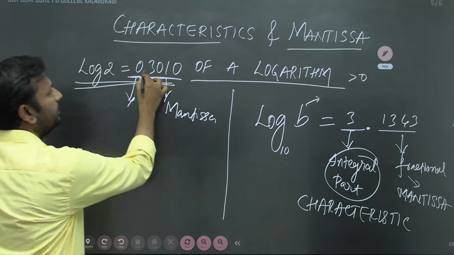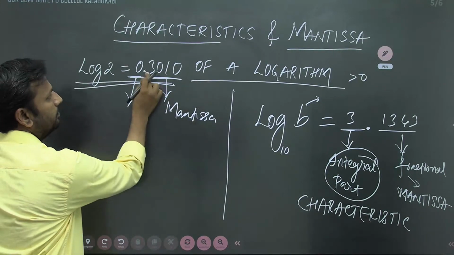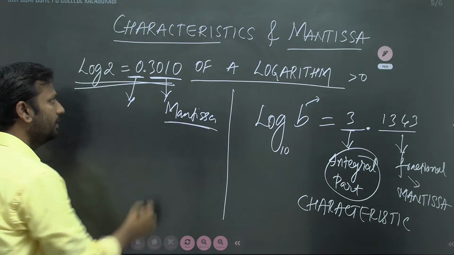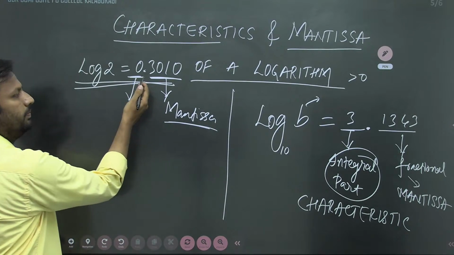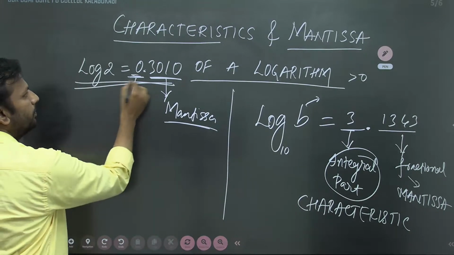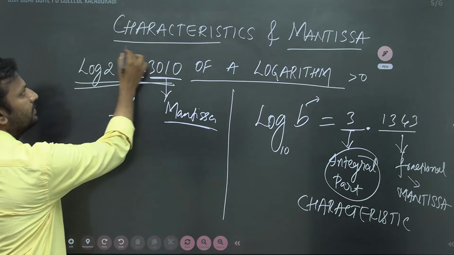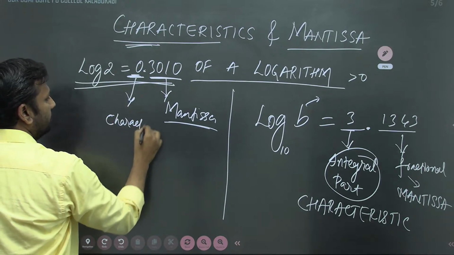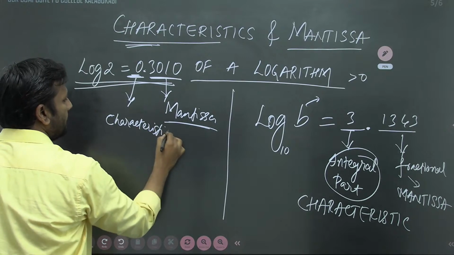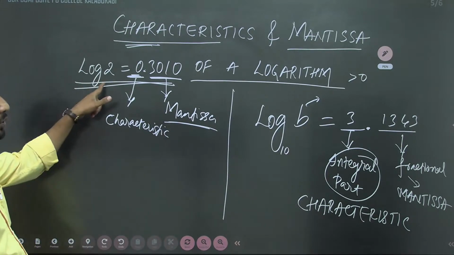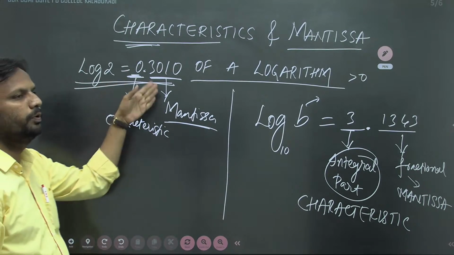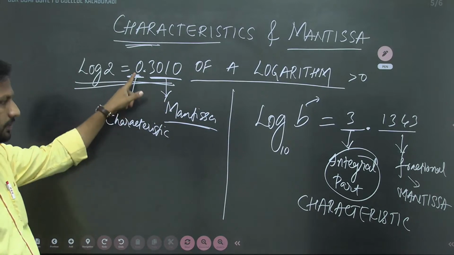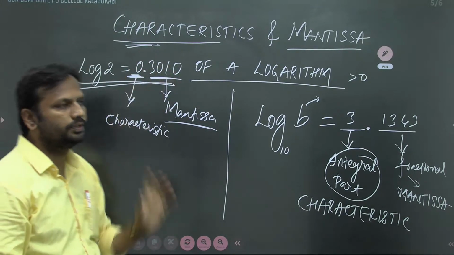The numbers after the decimal point are known as the Mantissa part, and the number before the decimal point is known as the integral part. Integral part is nothing but the characteristic. Got it? So the log 2 answer is 0.3010. So 0 is the characteristic number here, and 3010 is the Mantissa number.